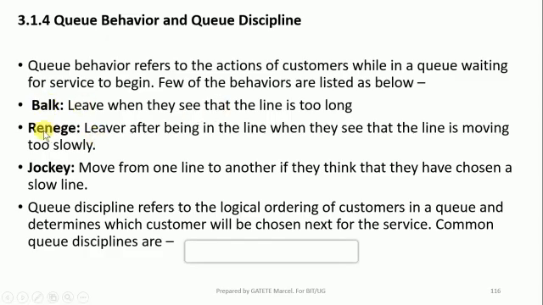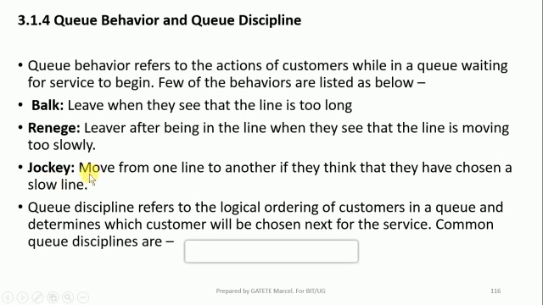Reneging means you leave after being in the line, when you see that the line is moving too slowly. It means that the service time is longer, so people are leaving the queue very slowly, and some people will go.